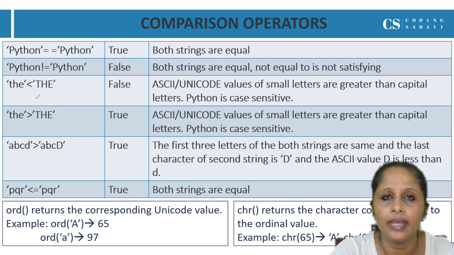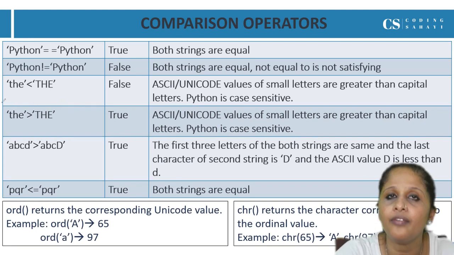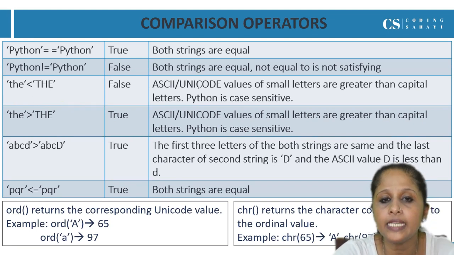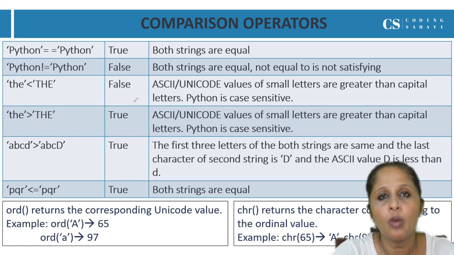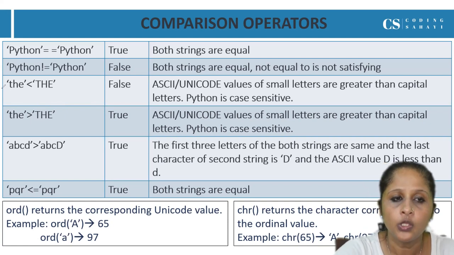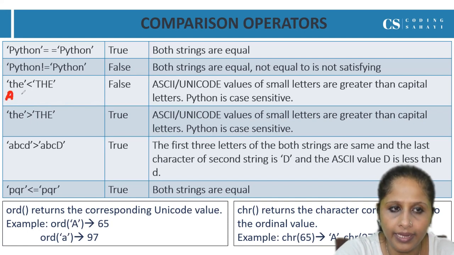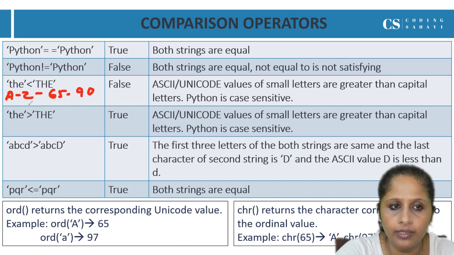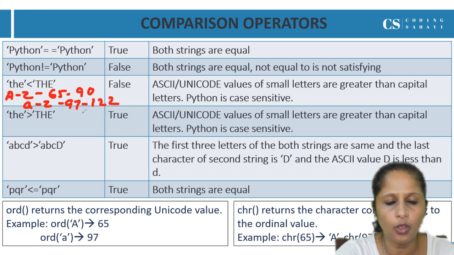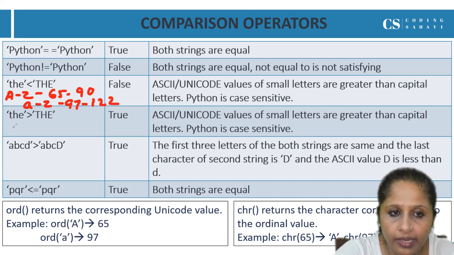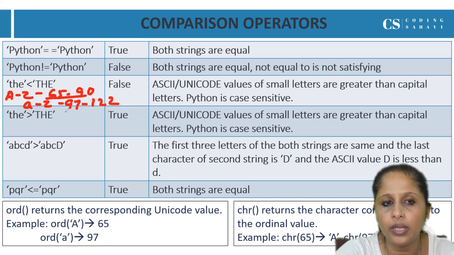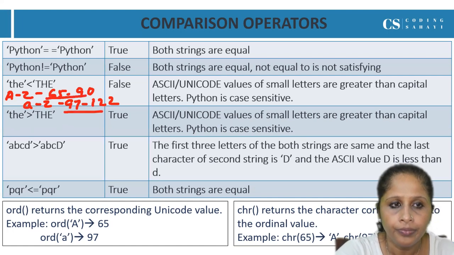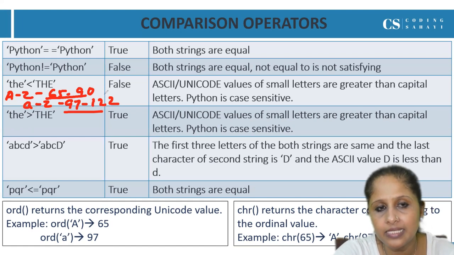How can we say a character is less than the other one? In programming languages, in Python, we can, because we are using the ASCII or Unicode values of small letters and capital letters. We already studied that capital A to Z is from 65 to 90, and small a to z is from 97 to 122. When we use the less than or greater than operation, it uses these ASCII values, and that's why you are getting false here.